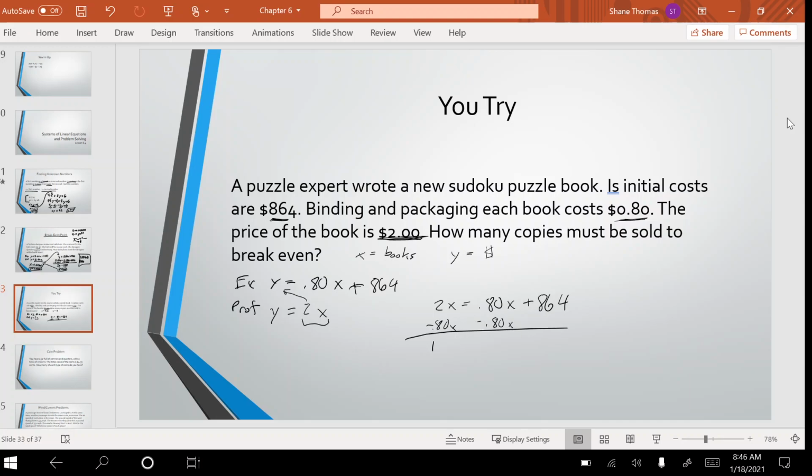So now I have 1.20x equals 864. What's that going to equal? 720? So x equals 720. All right, there's my first answer. Plug it back in. So y equals 2 times 720, which would be 1440. All right, so how many books did I have to sell to break even?